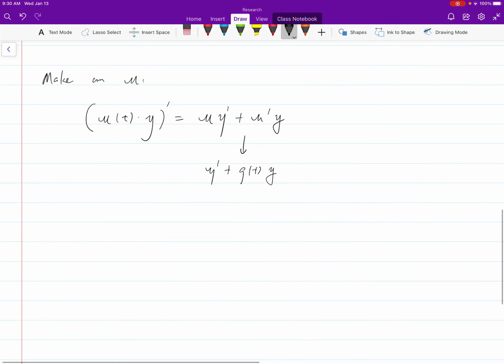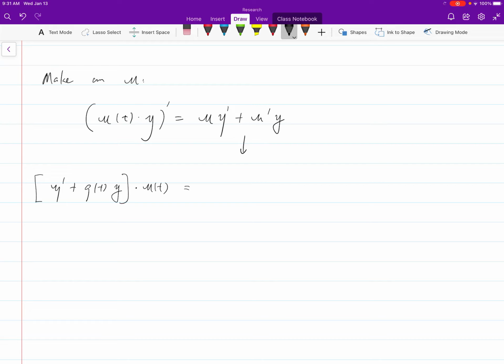Then the first thing you probably want to do is multiply both sides by mu. So you're going to have, you want this to happen, right? But if you multiply by mu on both sides, you are going to have mu t y prime, that's what you want, plus gt times mu t times y.